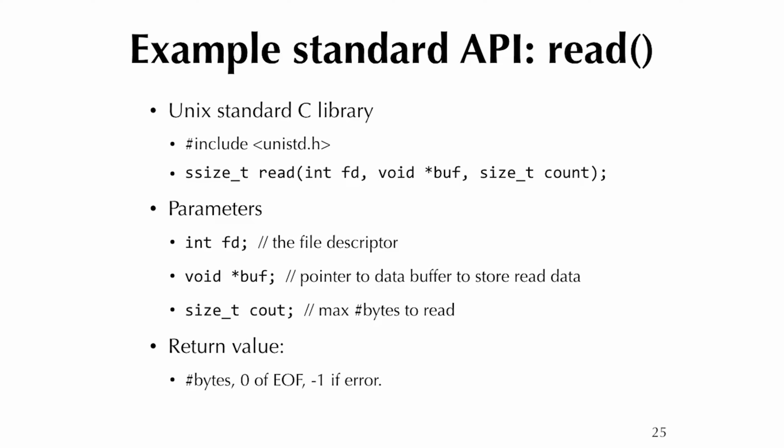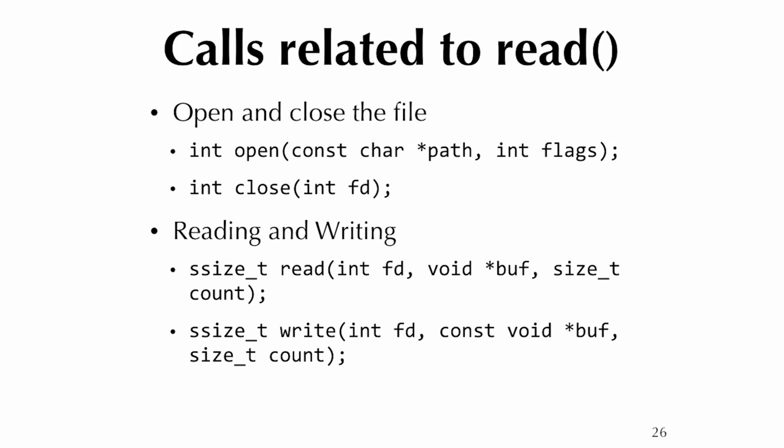It has the calling API like this: int file descriptor, void buff pointer, and size_t for the max number of bytes to read, and it could read fewer than that. The return value is 0 bytes, or -1 if errors, or if it reads a certain number of bytes, that's the return value.